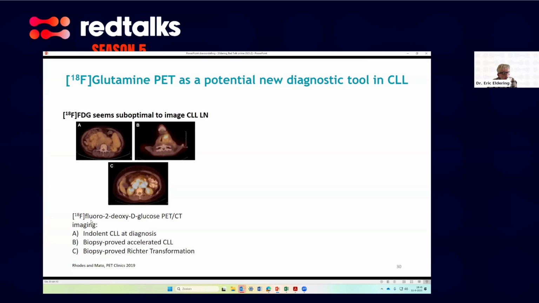If you do CLL imaging, in part A, we see an indolent CLL at diagnosis. Nothing lights up. This is the standard glucose PET tracing.